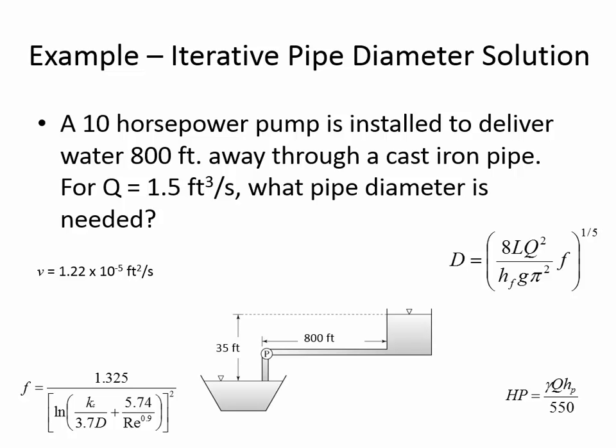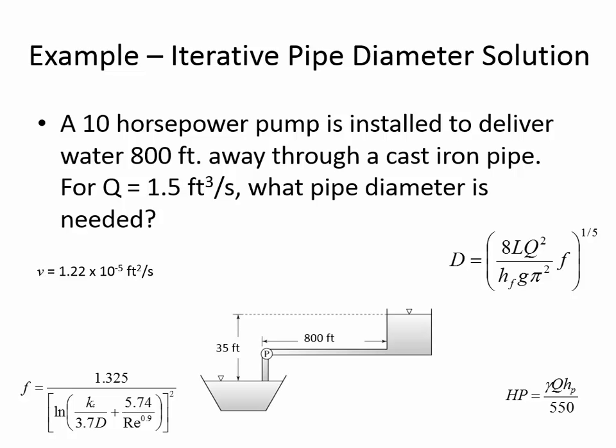If we want to convert between pump head and horsepower, we have this equation. It says that the power of a pump is equal to the unit weight, the flow rate, and the pump head, and then 550 is just a units conversion.